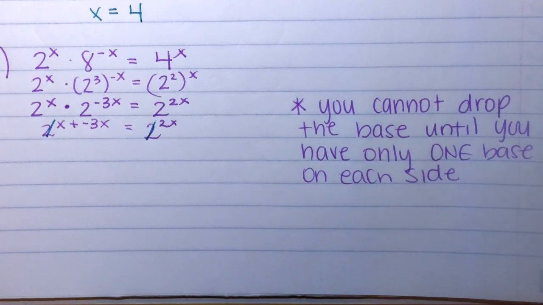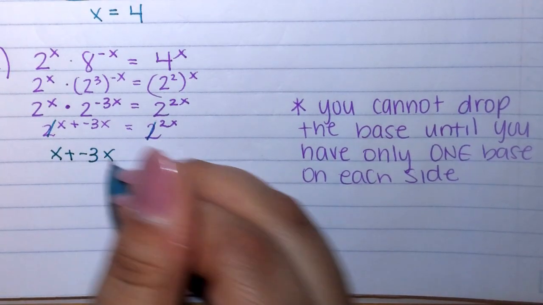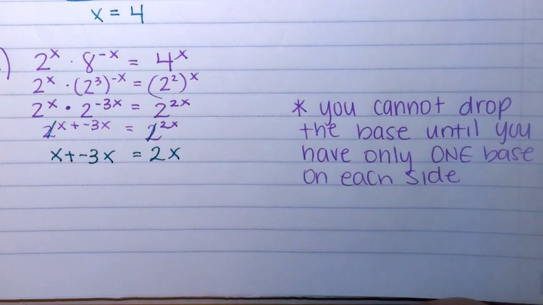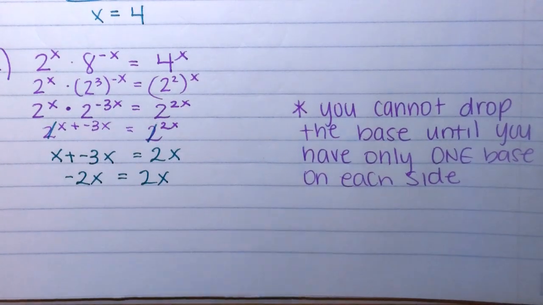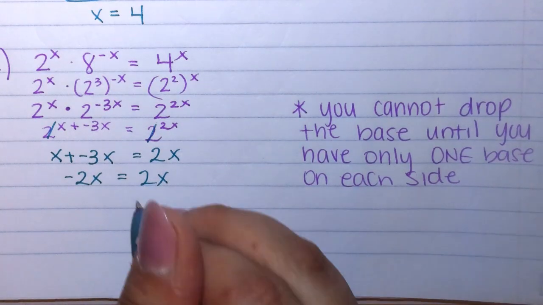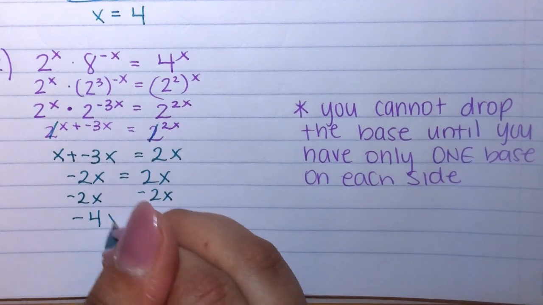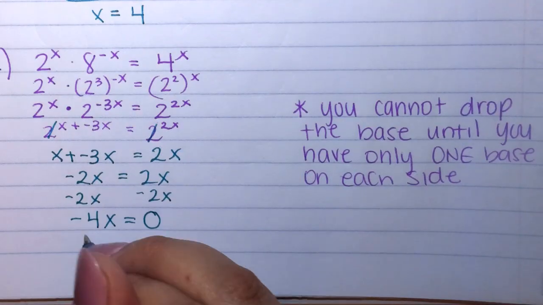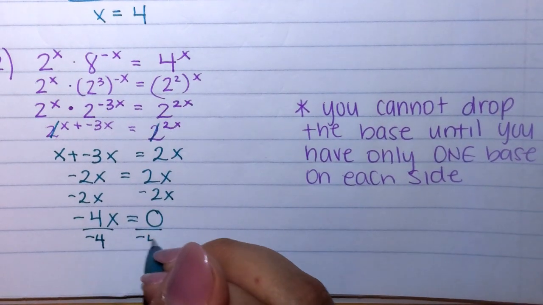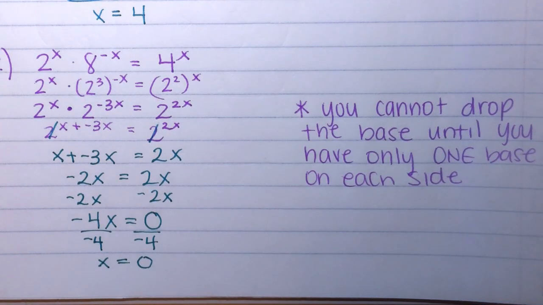And only one of them? Yes. So that's going to give me x plus negative 3x equals 2x, which gives me what? Negative 2x equals 2x. What do I do? Move it to the other side, which gives me what? And when I divide that by negative 4, x equals 0. How am I going to write the answer?